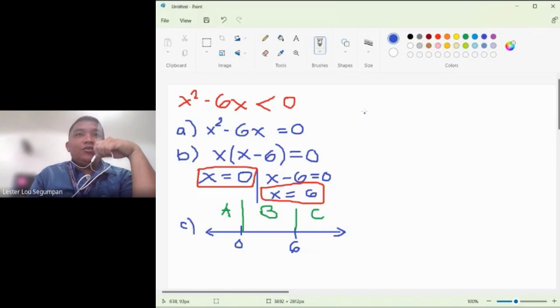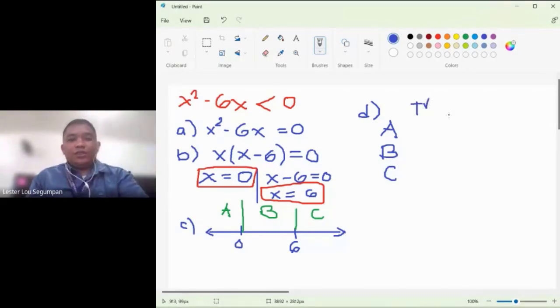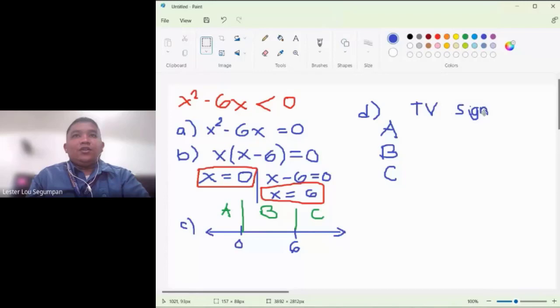So let us go to step D. Our first region, A, you also have B, you also have C. For test values here, we cannot use 0 as any of the test values. So we will choose other values.